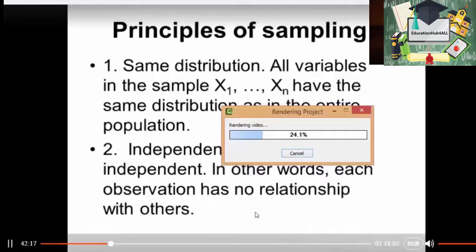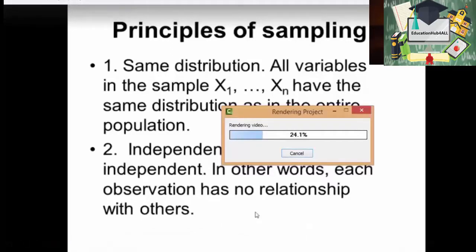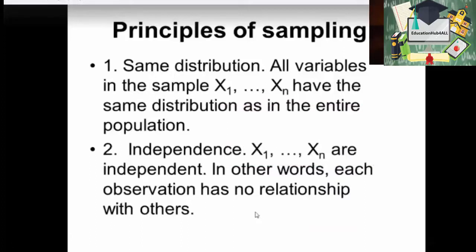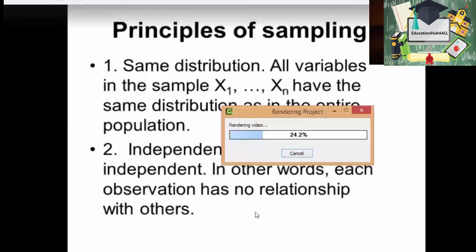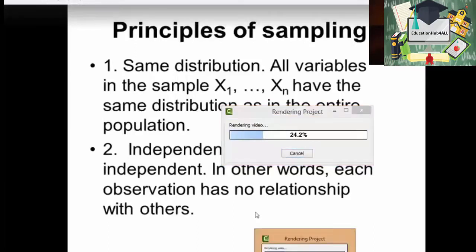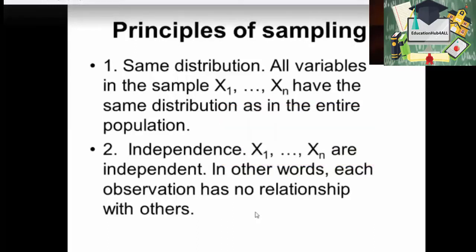So before we draw that sample, if we talk about the distribution of one specific individual, before we have the observed data, that individual is from the population. Of course, the distribution will be the same as the population.